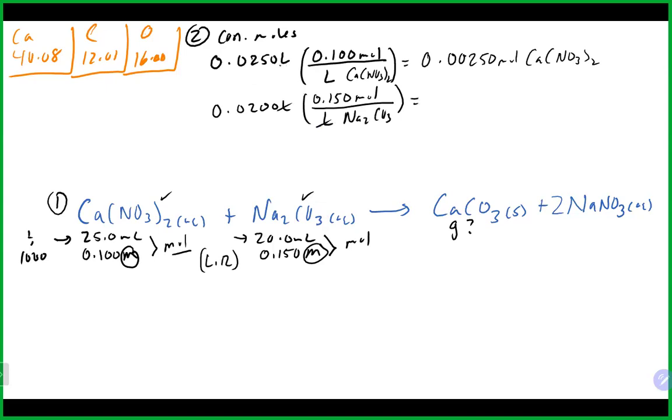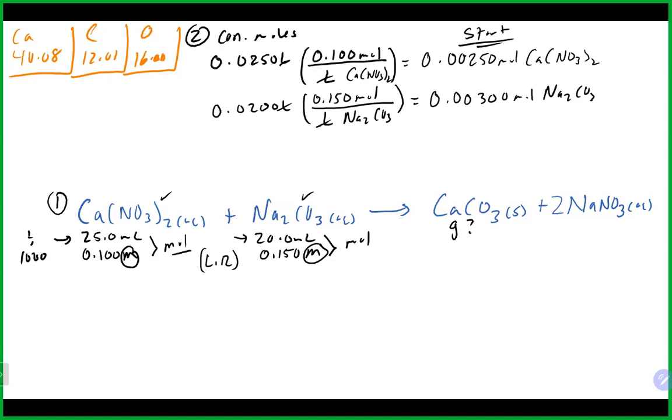Liters here will again cancel, and that will get us 0.02 times 0.15. That's going to give us 0.003 moles of sodium carbonate. This is basically our starting amount of each of those reactants. Any questions on that so far?